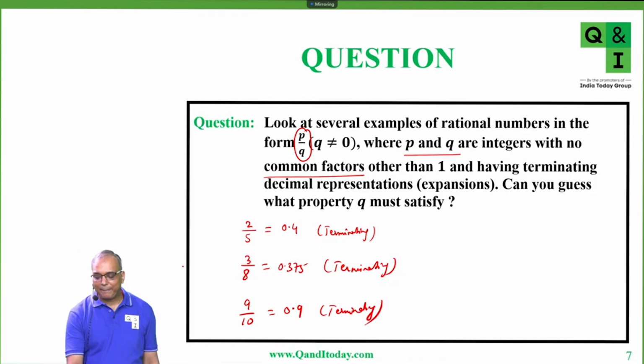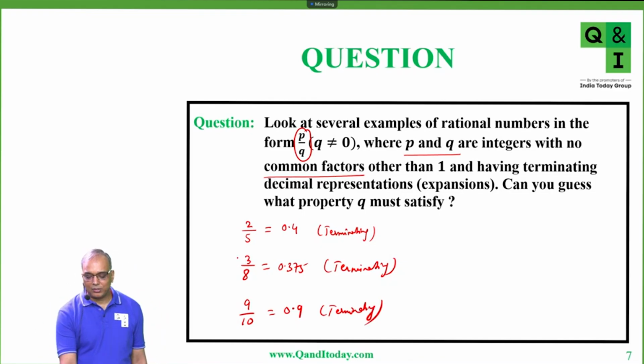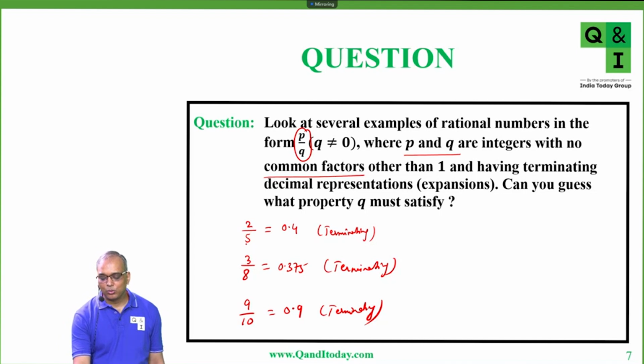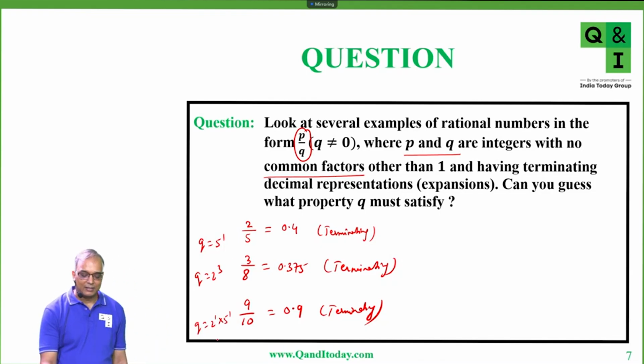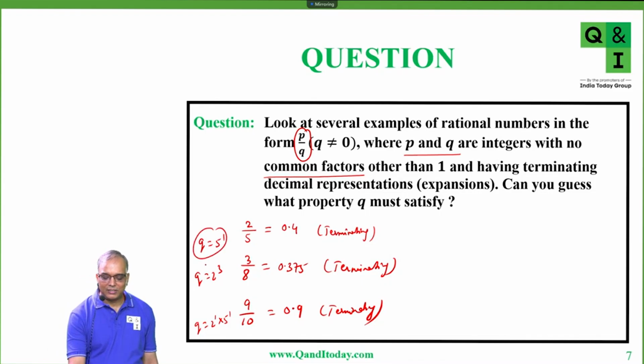Now, if you see the pattern here, you know the property of q. So q is the denominator. Here q was 5 raised to the power 1. In this case, q is 2 to the power 3. In this case, q is 2 to the power 1 into 5 to the power 1. Right? Now, in each of these cases, what are you noting here?